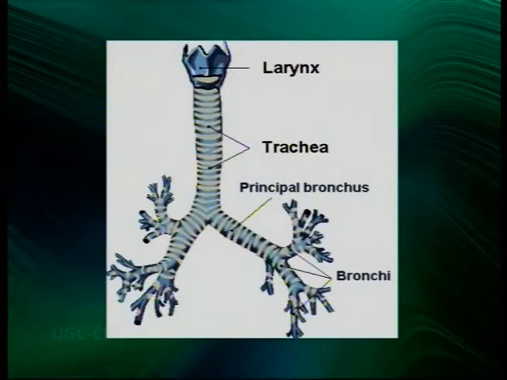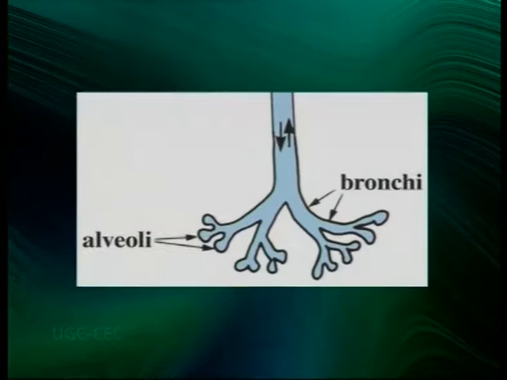The ventilation of the lungs is possible because of these ducts, and the passage of air will be from the internal nostrils to the larynx, from the larynx to the trachea, from the trachea to the primary bronchi, from there to the secondary bronchi, from there to the tertiary bronchi, and ultimately into the alveolar sacs, which are the actual sites of exchange of gases.